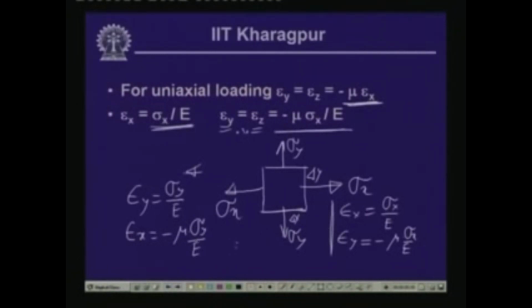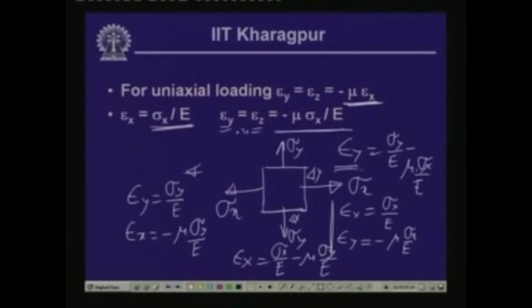As a result, epsilon x finally, for simultaneous action of sigma x and sigma y, is going to be equal to sigma x by E, which is the direct effect, and because of y, minus mu times sigma y by E. Likewise, epsilon y is equal to sigma y by E minus mu times sigma x by E.